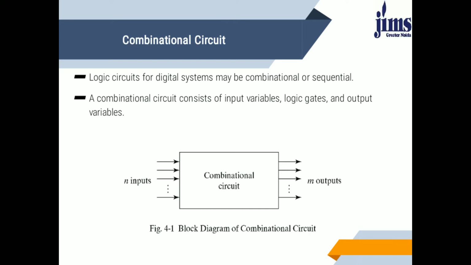A combinational circuit consists of input variables, logic gates and output variables. Here is the block diagram. Here n inputs are given to a combinational circuit and it generates m outputs. So a combinational circuit is a group of logic gates.